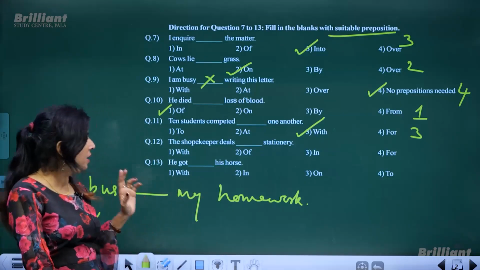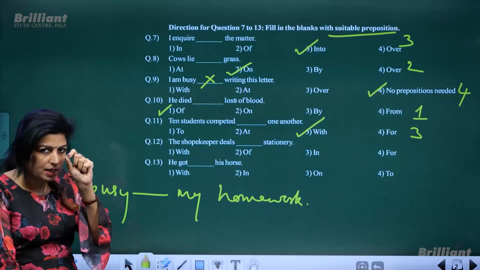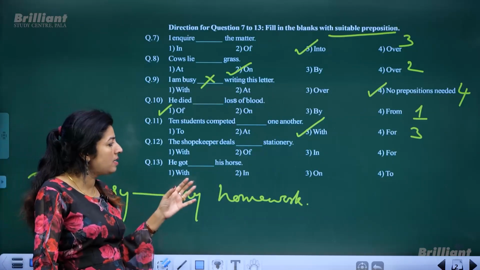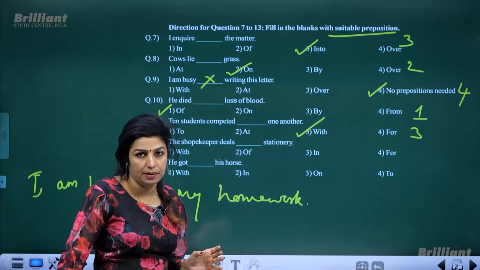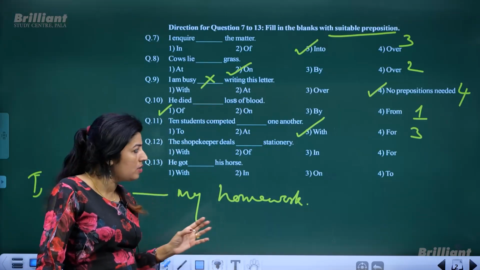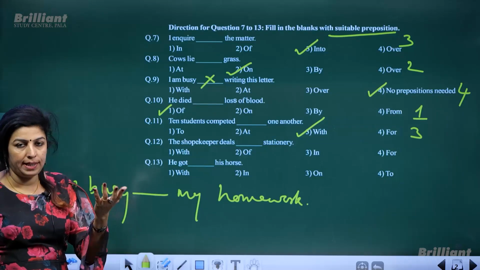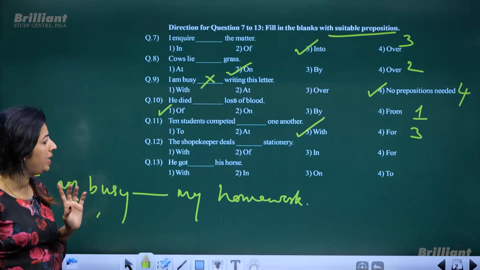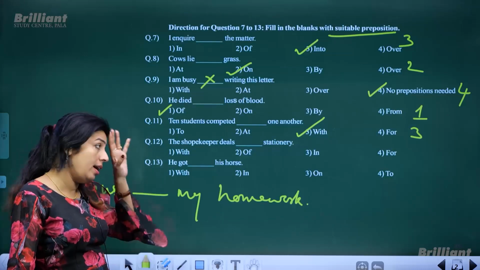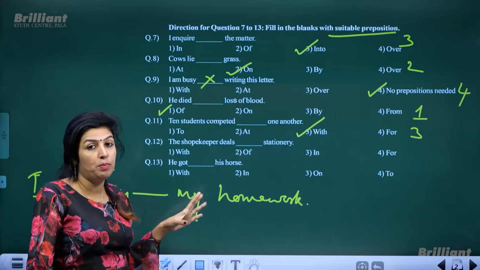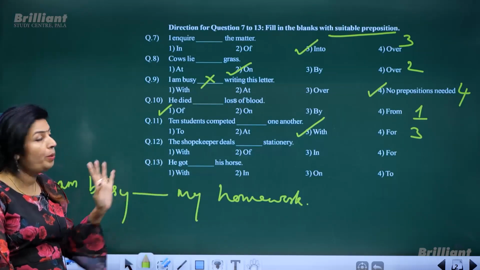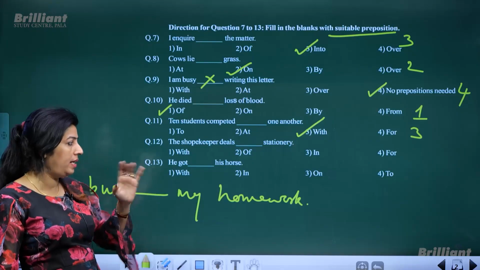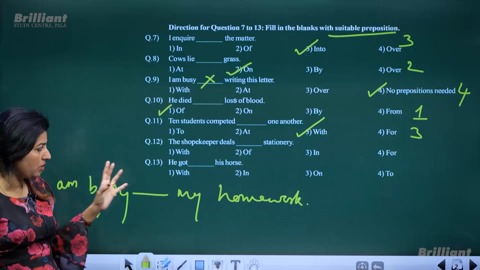Now the next is also a little bit tricky question. "The shopkeeper deals dash stationery." For this, many of you might have got the correct answer, but the majority of you might have chosen the first option, "with", since it is given first.